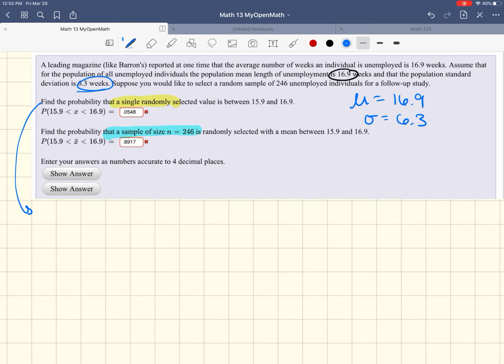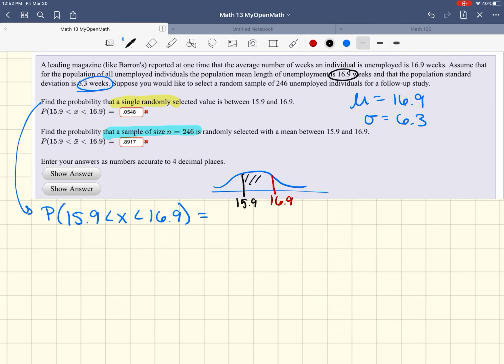To find the probability that a single randomly selected value x is between 15.9 and 16.9, using our bell curve here, we're going to find the probability, or the area, between the two.